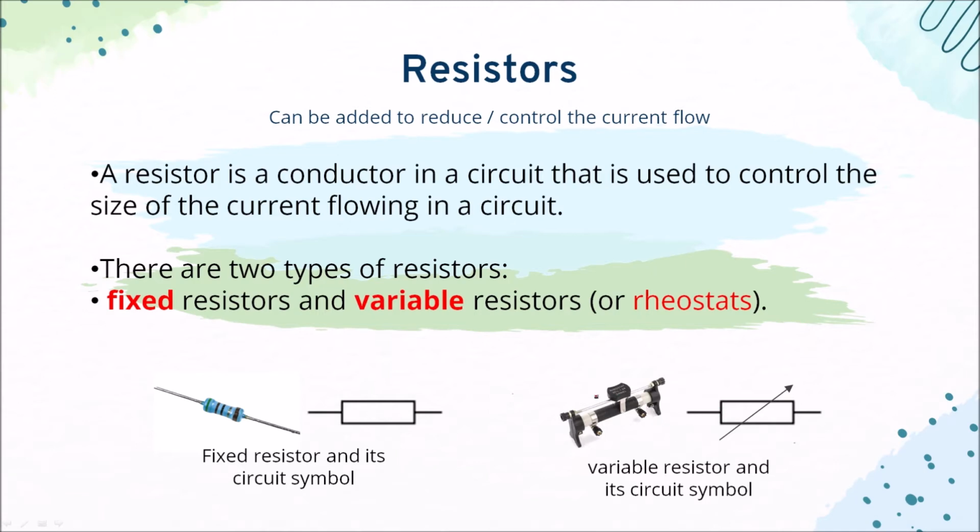A variable resistor allows you to adjust the resistance by sliding this knob. For a fixed resistor, the resistance is fixed. Let's say you have 100 ohm, putting it into a circuit will always give you 100 ohm.